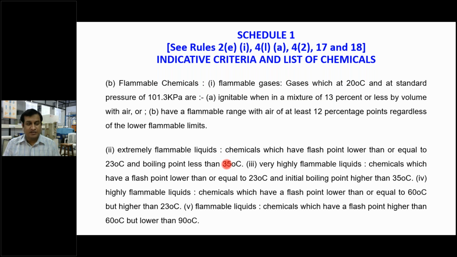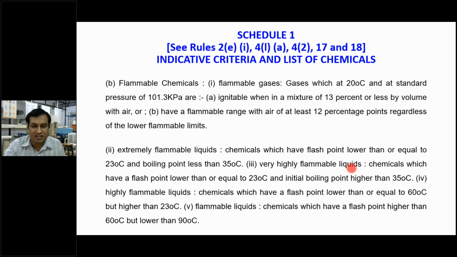Means even at 23 degrees Celsius the liquid is having the potential to catch fire. At the temperature of 35 degrees Celsius the liquid is having the potential to boil itself.